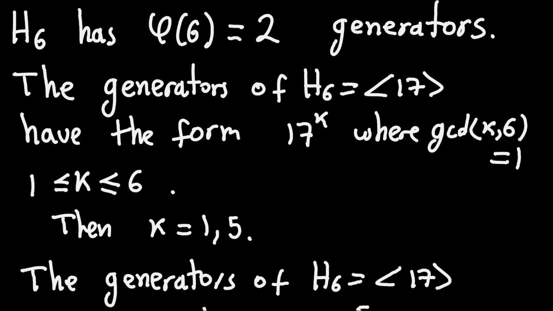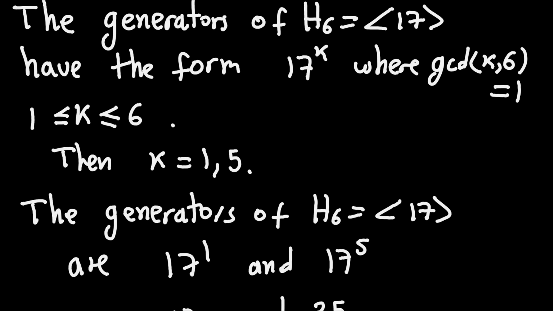So in this case, the k's that are relatively prime to 6 and between 1 and 6 are only 1 and 5. So 2, 3, and 4 do not work, because the greatest common factor between k and 6 is not 1. It's another number. So it's only 1 and 5.